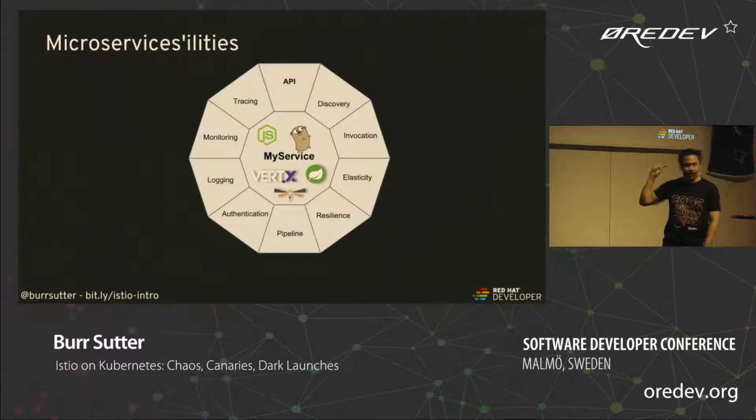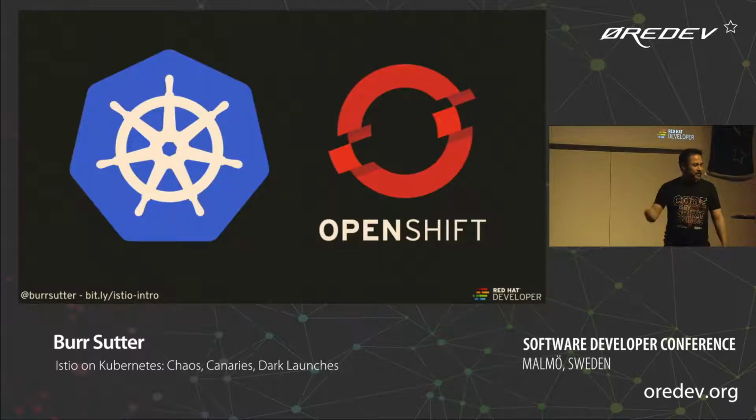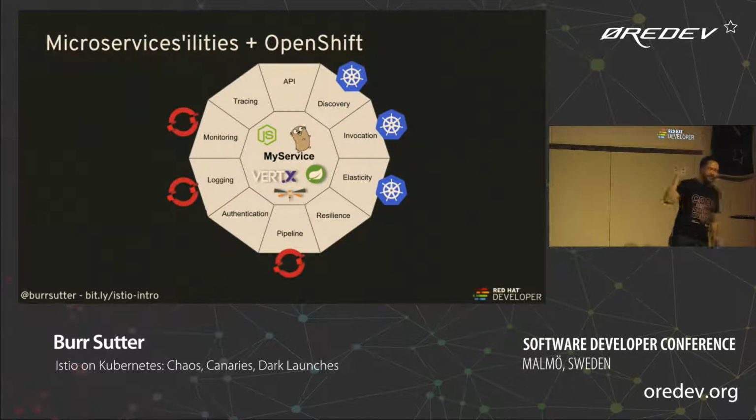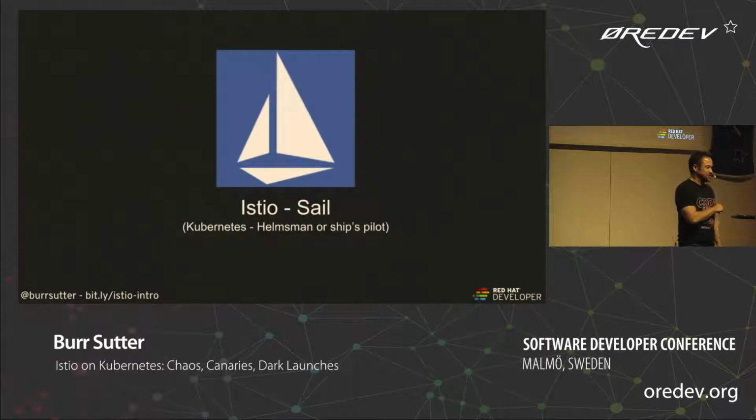But the good news here is that you can eliminate many of these key things that would otherwise go in your jar file and pull them into the actual infrastructure. So with things like Kubernetes, right, you can see where Kubernetes augments this circle. You can see where OpenShift further augments it, right? OpenShift being Red Hat's distribution of Kubernetes. And then, of course, we can get to this thing called Istio, which is why we're all here today.